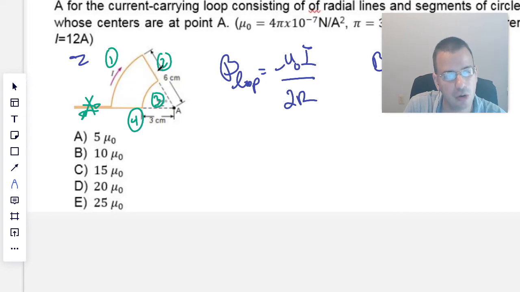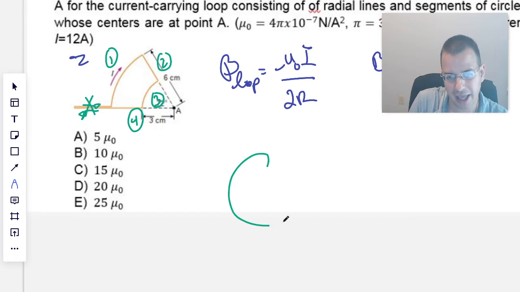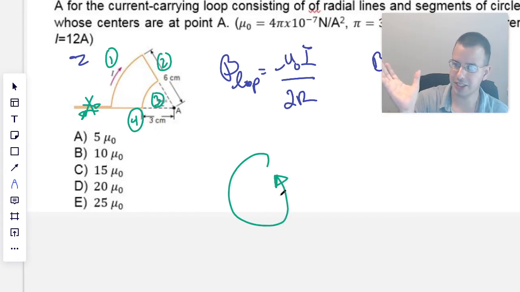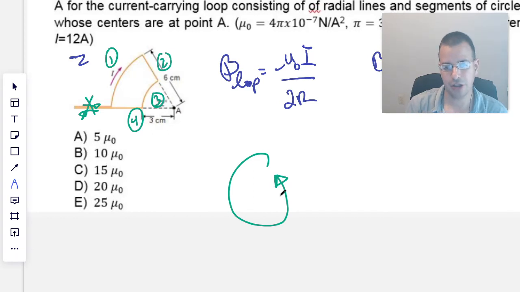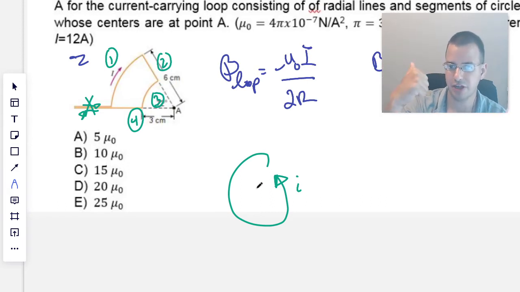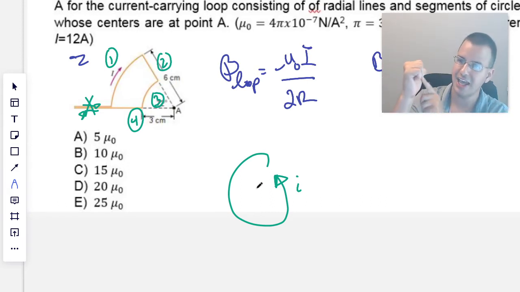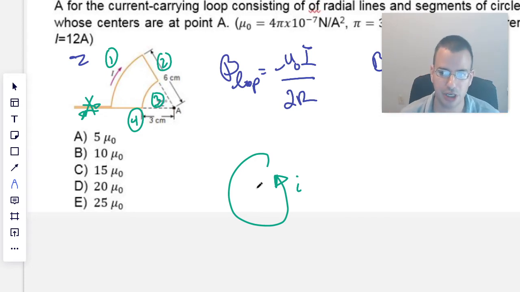And so a loop like this with a current going that way is going to create a magnetic field. If we have a current going in a circle, it's going to create a magnetic field in the center that's going straight. The rule used for this, the right-hand rule, is you wrap your fingers in the direction of the current, and your thumb will point in the direction of the magnetic field.